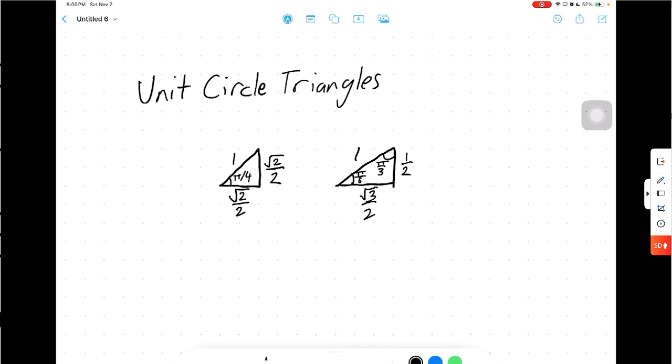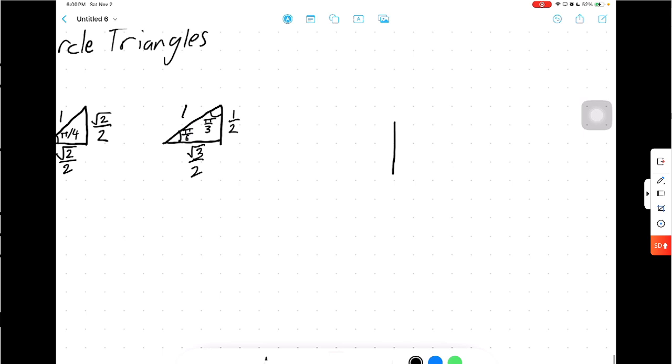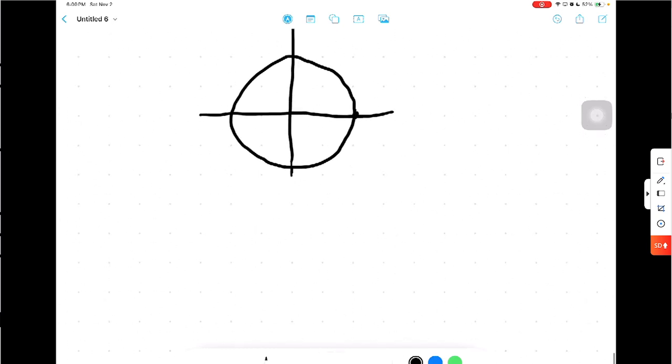How should I memorize the unit circle? So the unit circle over here, I'm just gonna draw one. To start, if you want to memorize the whole unit circle, the first point I'd start with is this point here, which is going to be 1, 0.